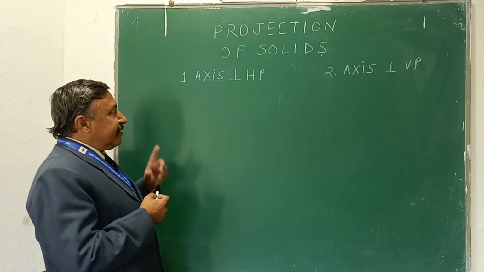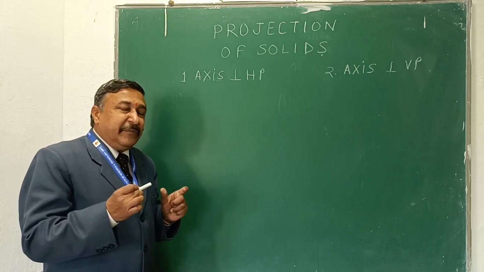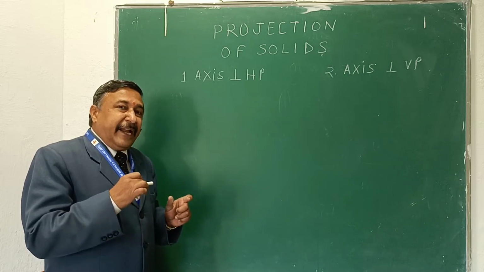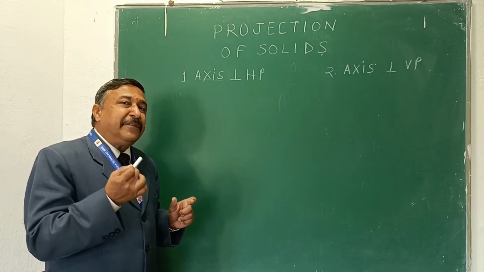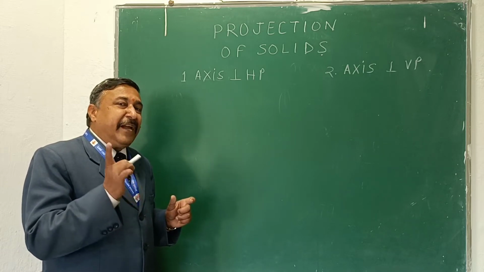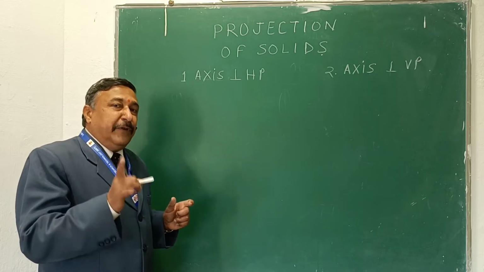Now, just imagine that a square prism is resting on its base on HP, then in the top view we see the base or top. So, first we have to draw the base, that is in the top view.